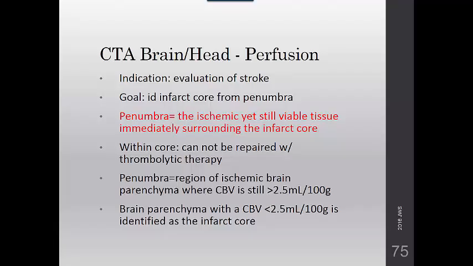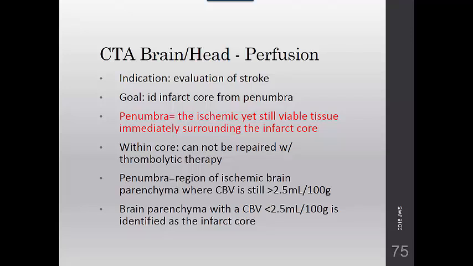The infarct core is the tissue that's beyond repair by thrombolytic therapy. Remember, thrombolytic is the clot busting therapy. The penumbra is the ischemic yet still viable tissue immediately surrounding the infarct core. It's the good tissue that we can still save.